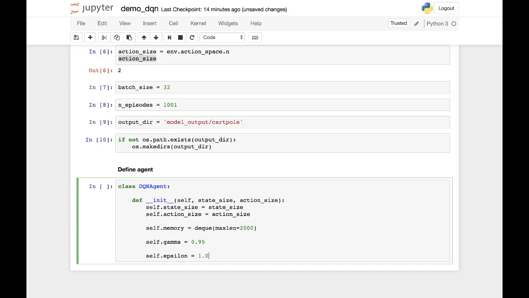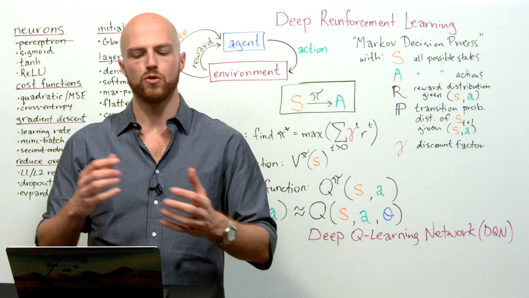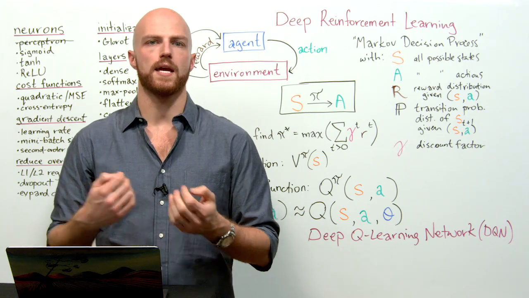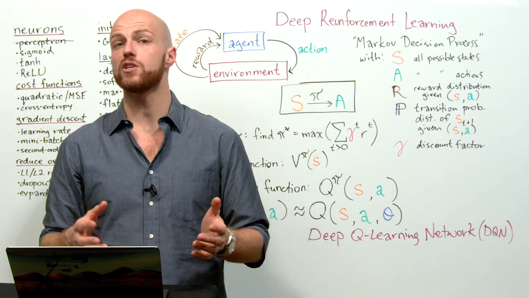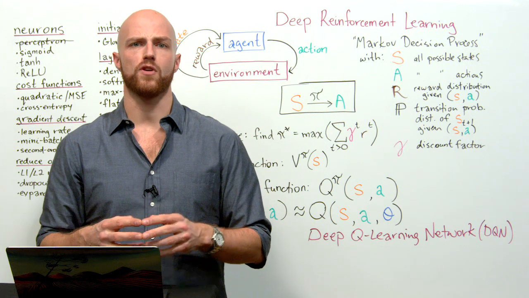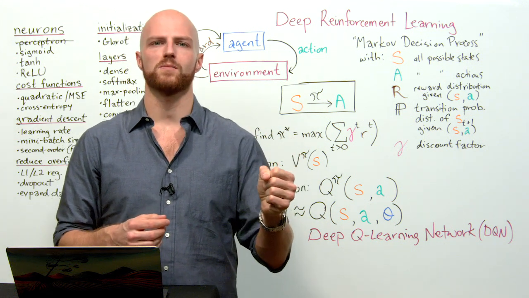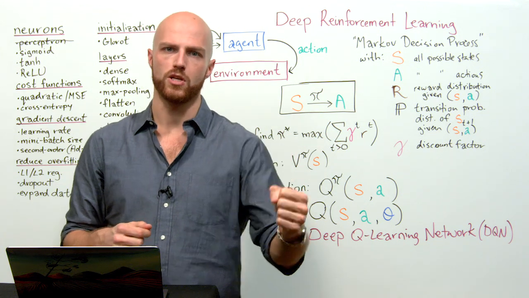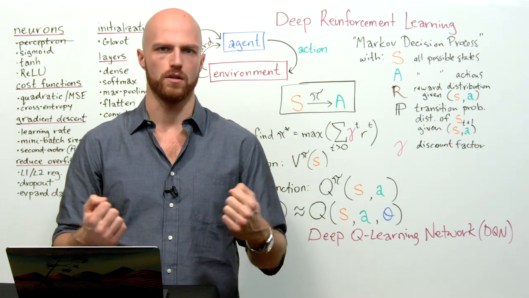We haven't talked about this yet, but epsilon is really important. So epsilon is the exploration rate for your agent. There are two kinds of modes that your agent can take action with. The agent can either try to take the best possible action based on what it's learned. This is what we call exploitation of existing knowledge.